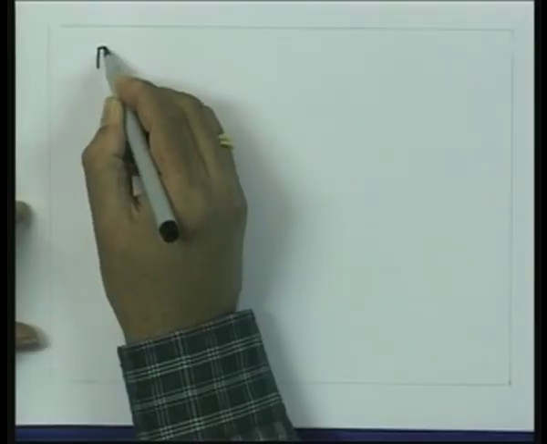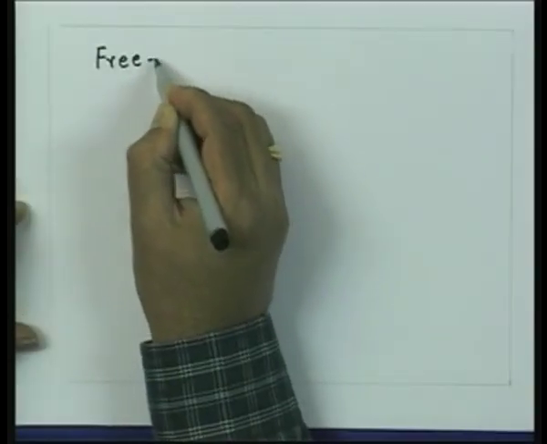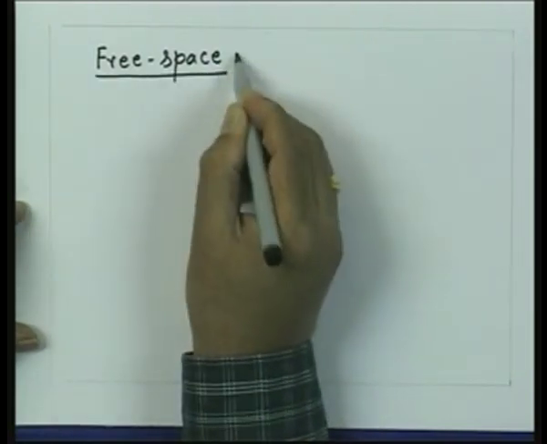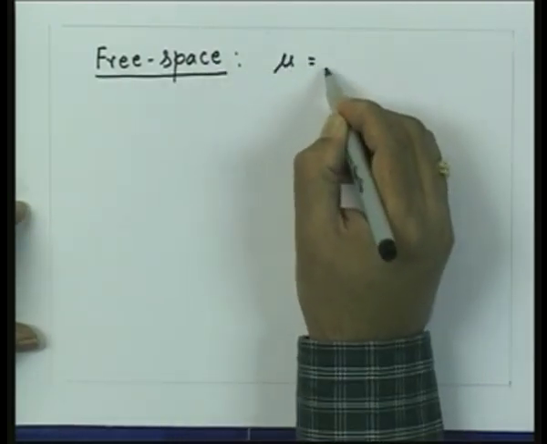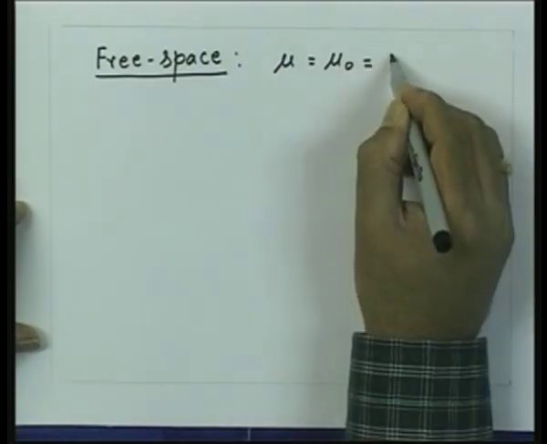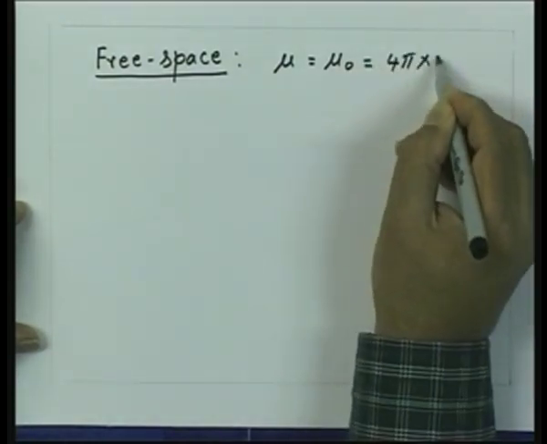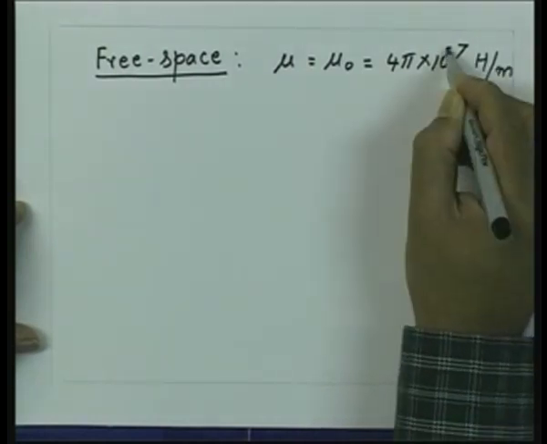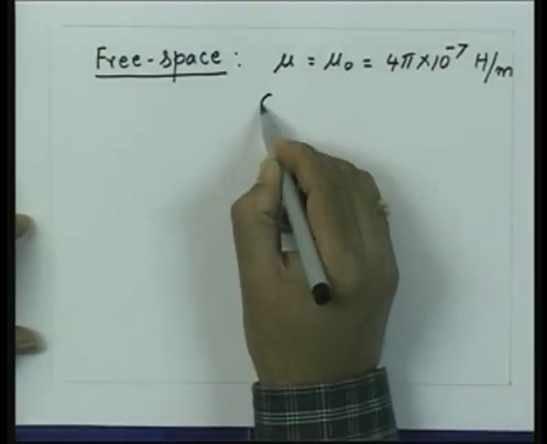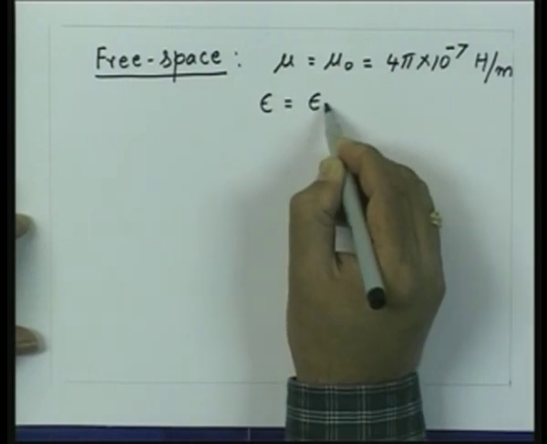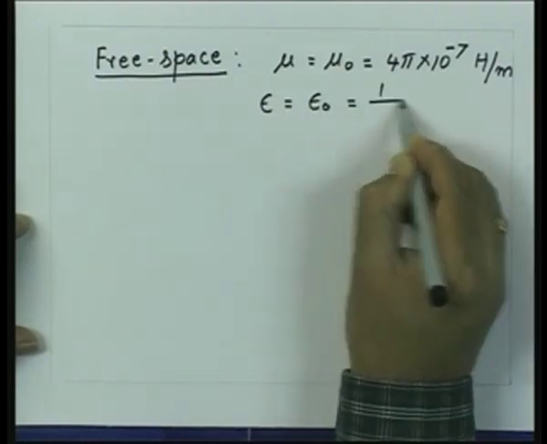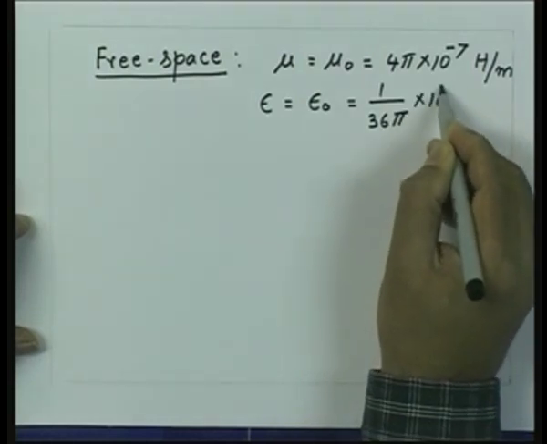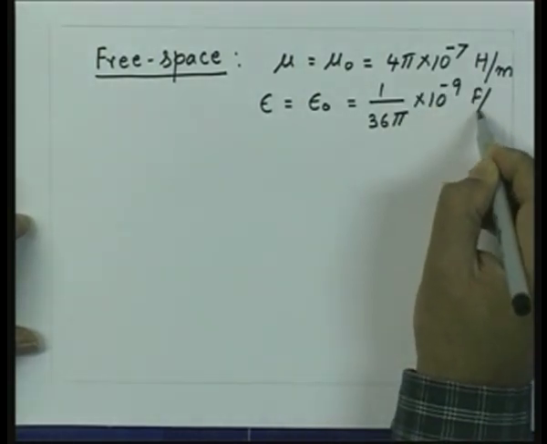So, if my unbound medium was free space, then mu is equal to mu 0 is 4 pi into 10 to the power minus 7 Henry per meter, and epsilon is equal to epsilon 0, that is 1 upon 36 pi into 10 to the power minus 9 farad per meter.